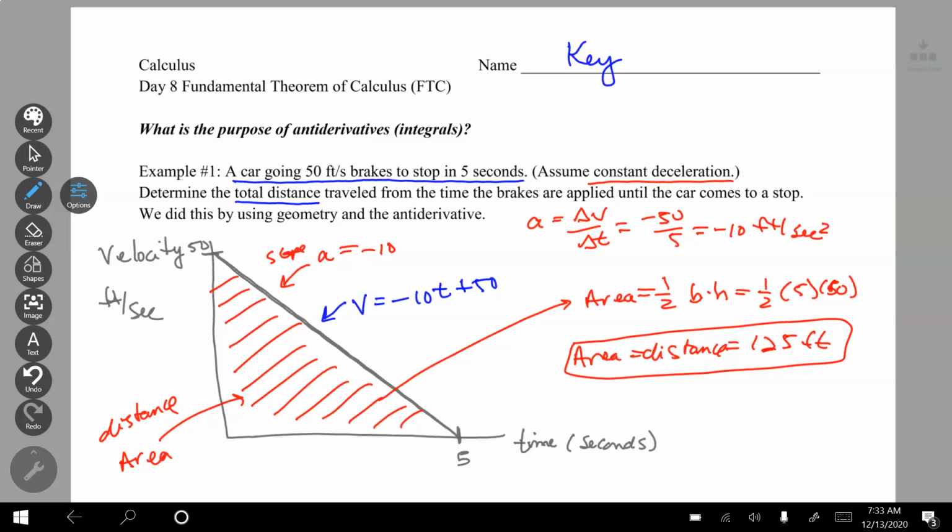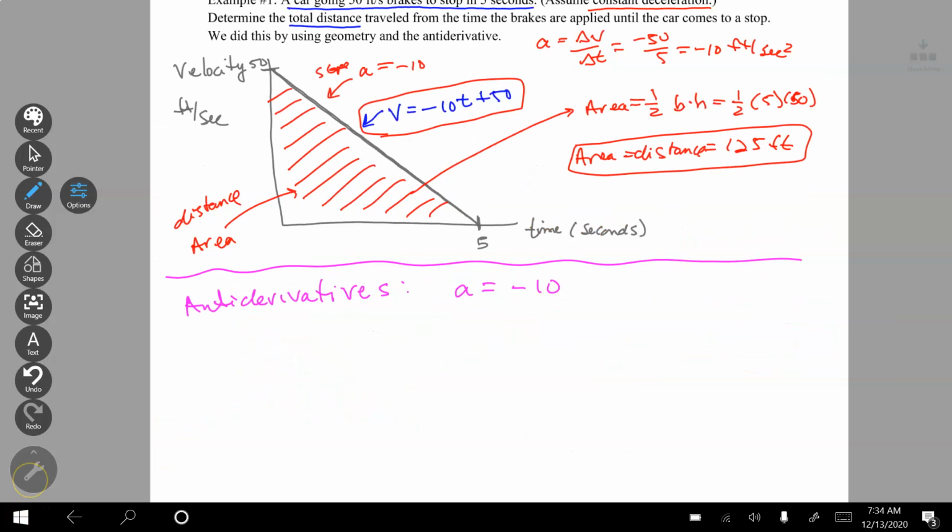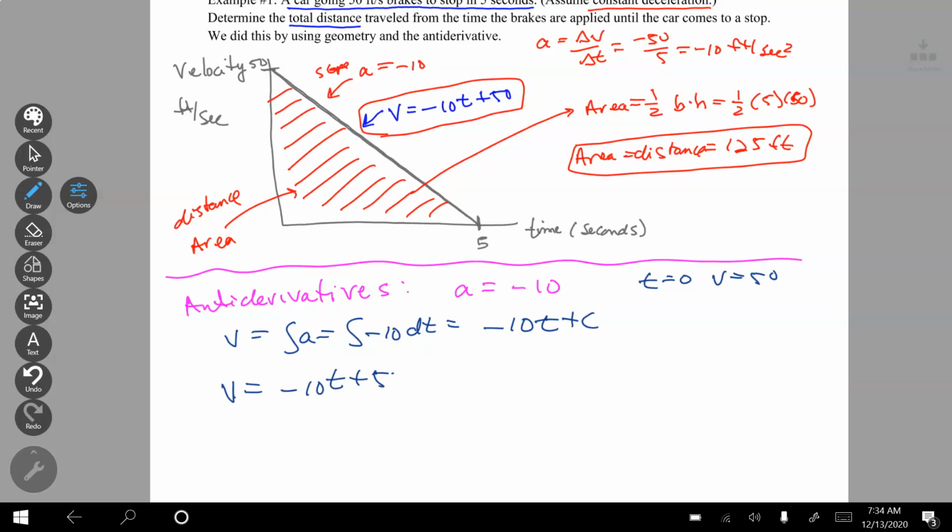Now let's go back into looking at how we do it using antiderivatives. So using antiderivatives, I'm going to start with my acceleration of negative 10. My velocity is the antiderivative of a, which is the antiderivative of negative 10 dt, which is negative 10t plus c. But at t equals 0, my velocity equals 50. So my velocity equation is negative 10t plus 50.